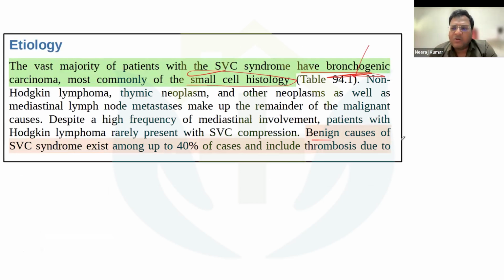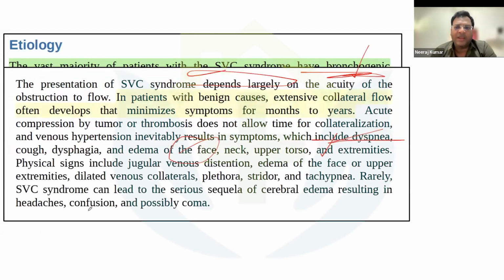The benign causes of SVC syndrome exist in up to 40% of cases only, which includes thrombosis due to indwelling catheters. In these patients, extensive collateral flow often develops, which minimizes the symptoms, so that they can be minimized for up to a month or year.